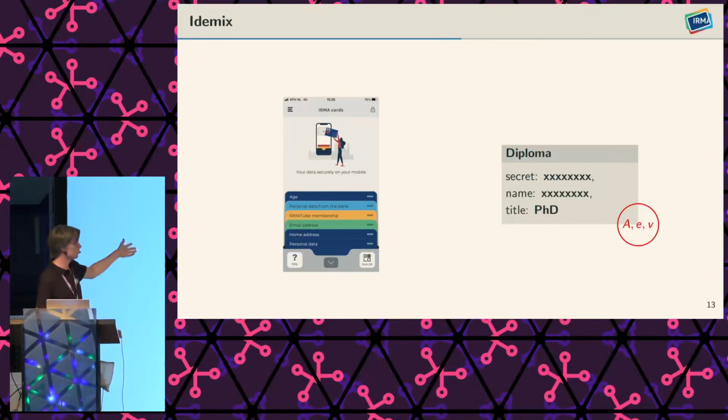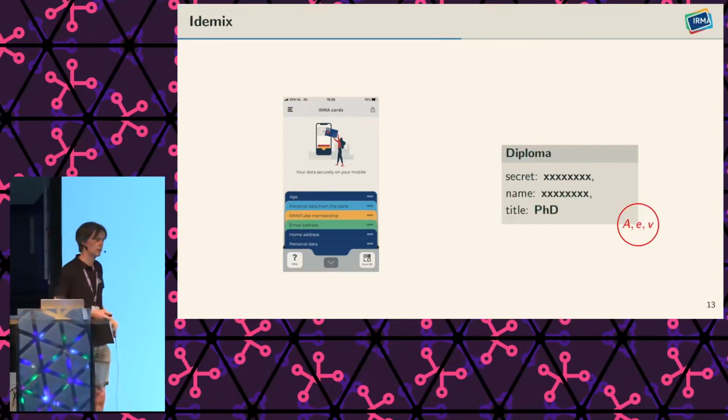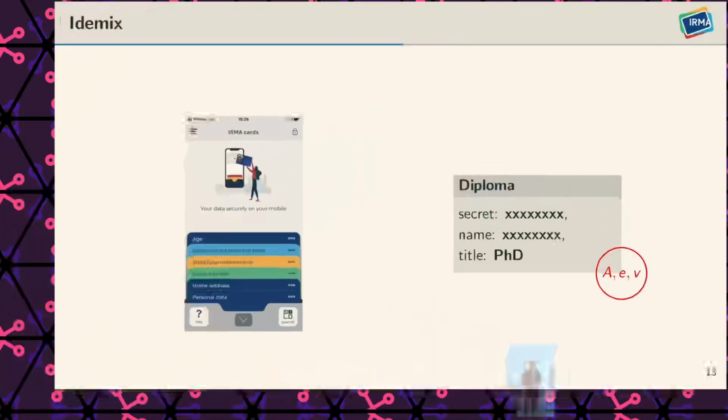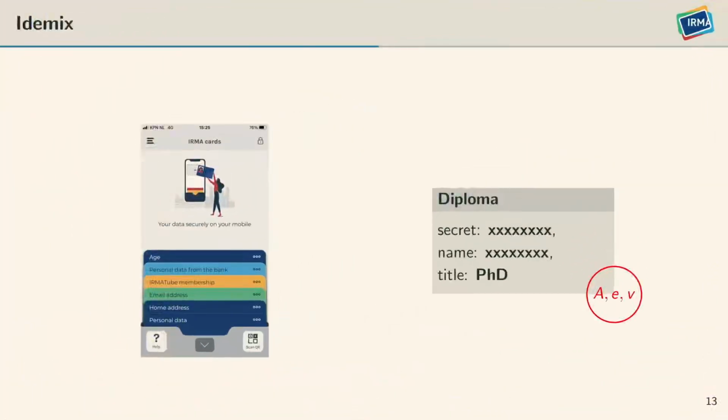So this is a screenshot of the IRMA app showing a number of credentials. And I might want to add, by the way, that this particular look is subject to change, but you'll see that in the coming time. Right. So we have to do one final step to get to where we are.